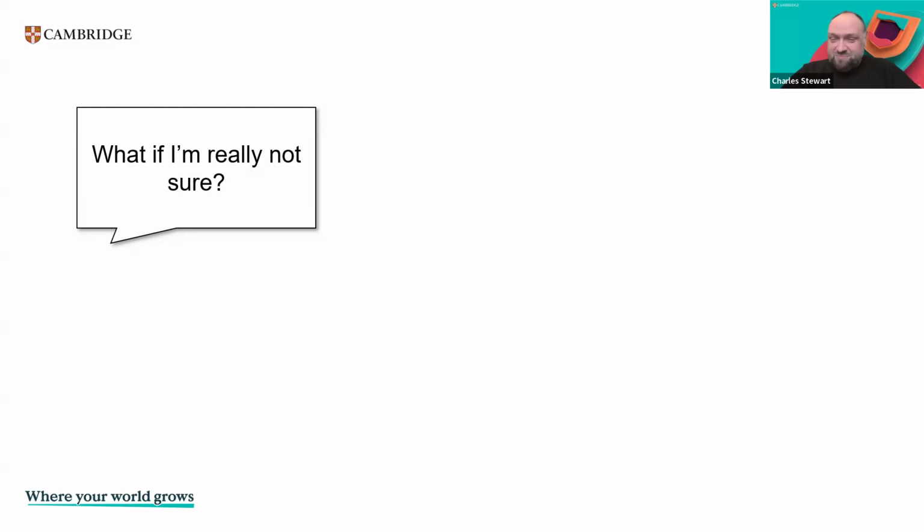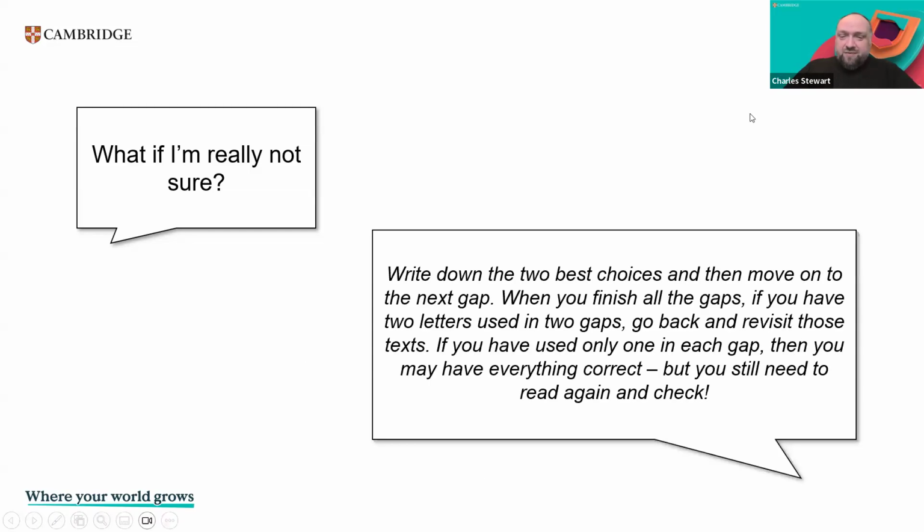So for every part of the exam, never, ever leave anything blank. Guess. So here, if I'm reading through this and I'm not sure, well, it could be B, it could be C, I don't know. Go ahead and write down B, comma C, question mark beside the number on the test paper. And then keep on going.